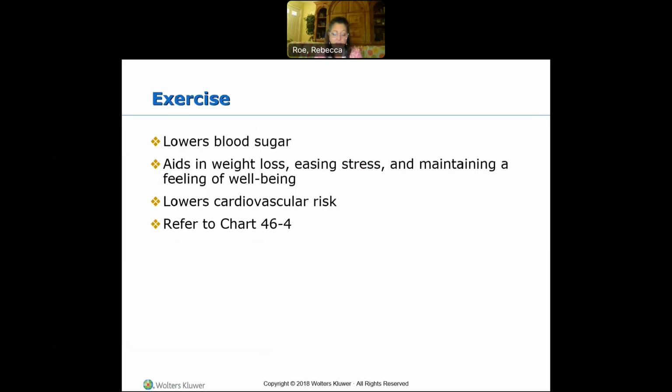The snacks should have about 15 grams of carbs. There should be protein snacks available. And blood glucose monitoring should be performed before exercise, especially if people are taking insulin. Type 2 diabetics can benefit greatly from exercise, like I said, and pre-diabetics may not need food prior to exercise. It depends on the patient.